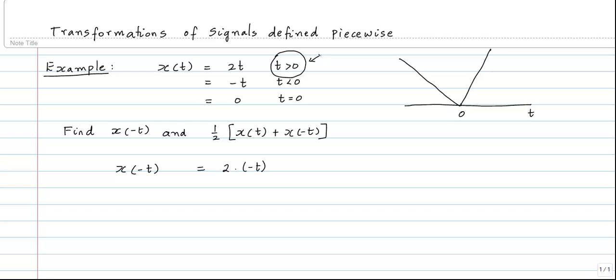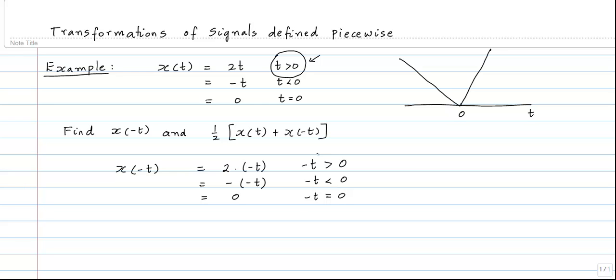Now, if you think about this a little bit, you really have to replace t by negative t even for the range of values of t. And that is the point that I want to make with this video. So x of negative t is really defined to be 2 times negative t for negative t being greater than 0. And x of negative t is defined to be negative of negative t for negative t less than 0. And it's equal to 0 for negative t equal to 0, but of course that's the same as t equal to 0.